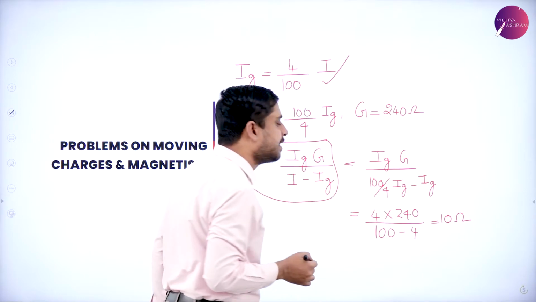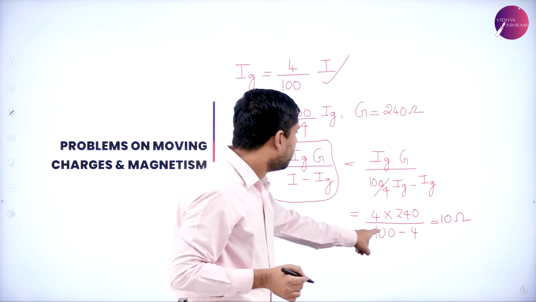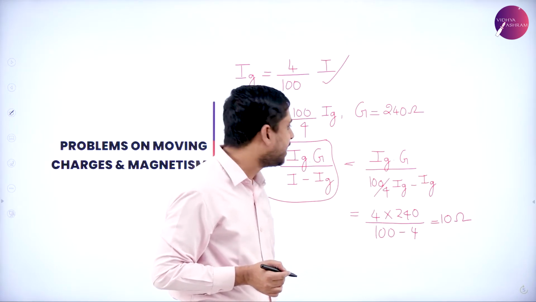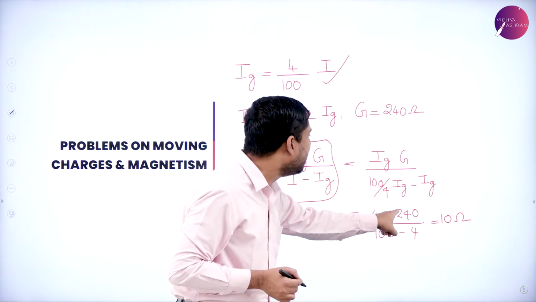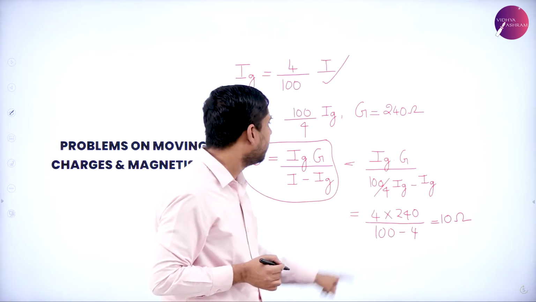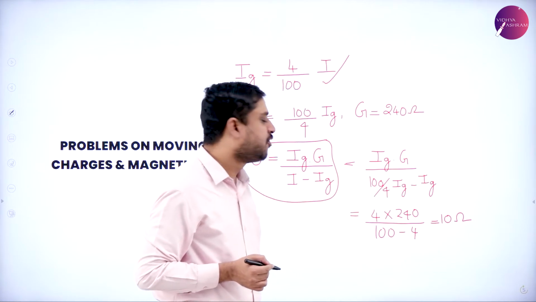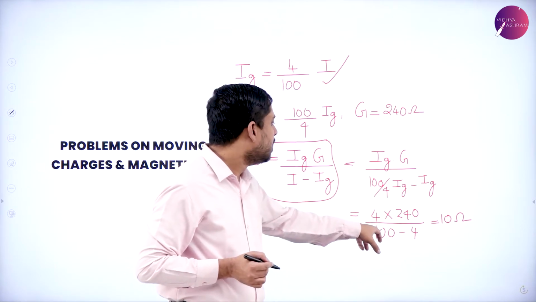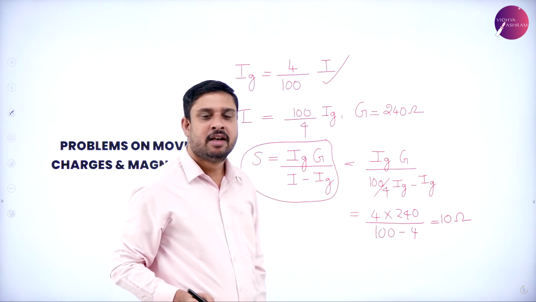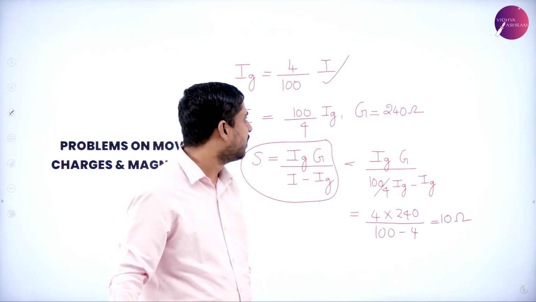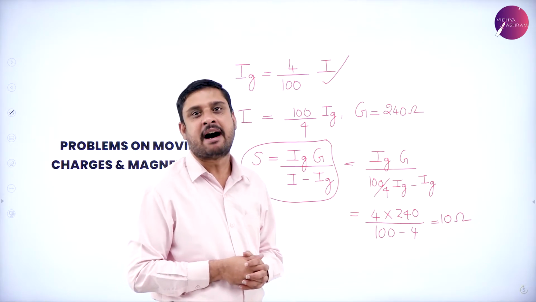Ig gets cancelled, so this 4 goes to the numerator. 4 into G, G is 240, 100 minus 4 after LCM. So this is 96. On simplification, 10 ohm is the answer.